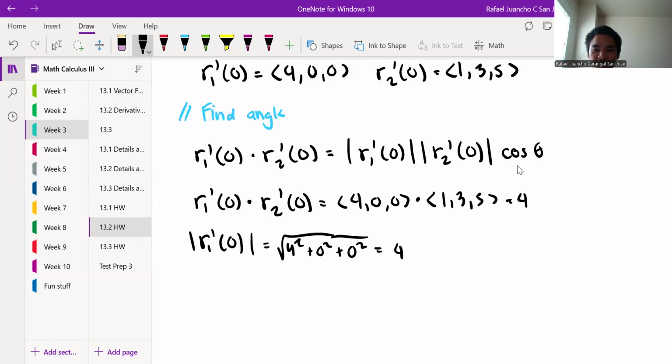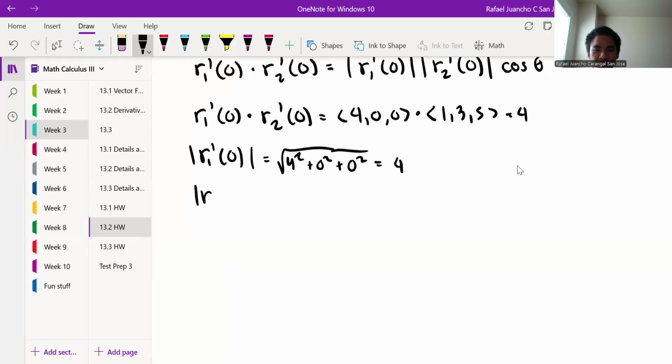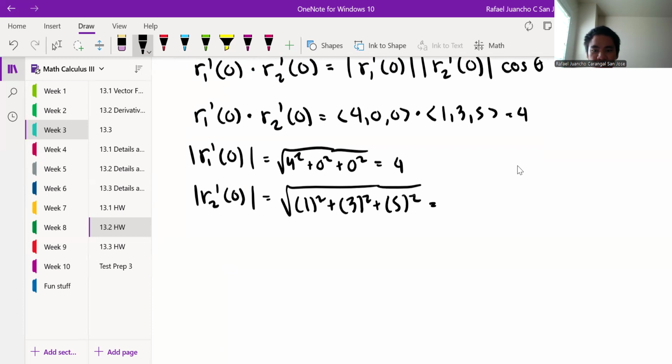And then the length of the other one is the square root of 1 squared plus 3 squared plus 5 squared. This will give me 1 plus 9 plus 25, which will give me 35. Can we square root that? No, we can't.